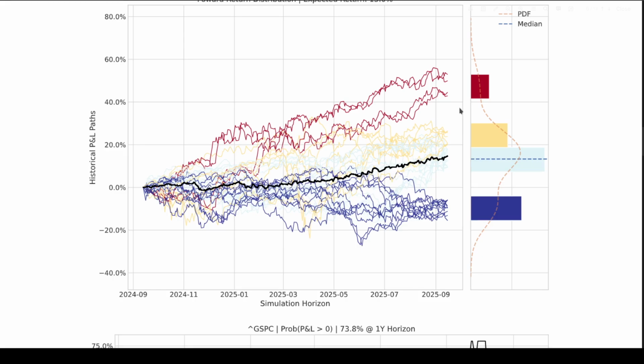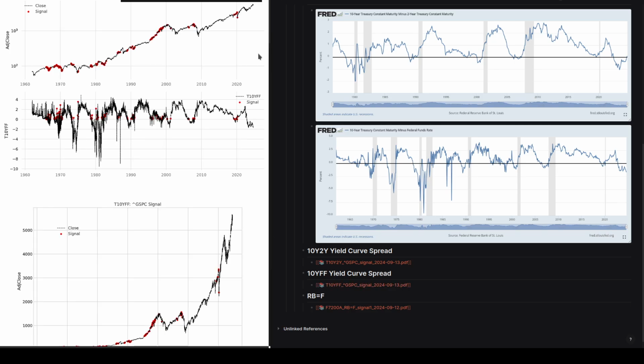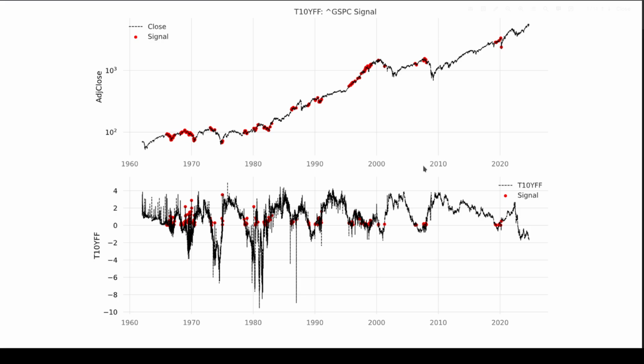Let's take a look at federal funds. I found this to be more interesting because there was more data available. The spread between the 10-year and federal funds has over 220 points, like 222 points, and only 217 were included in this back test.